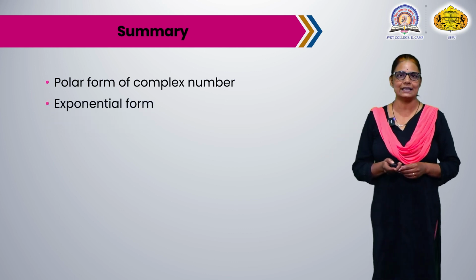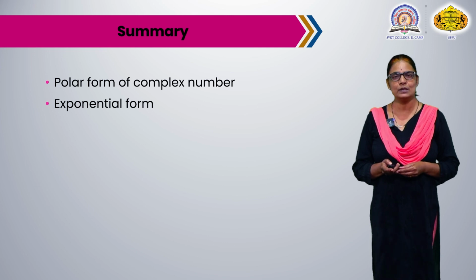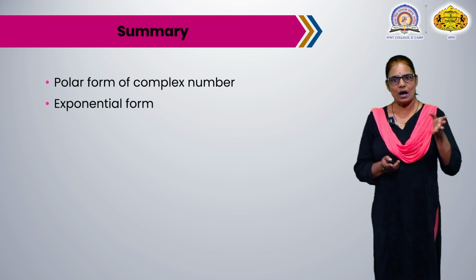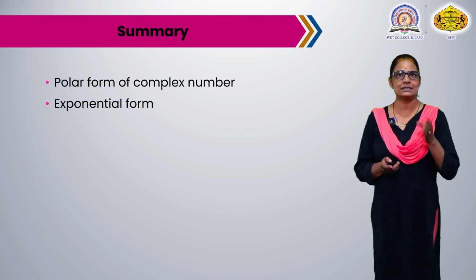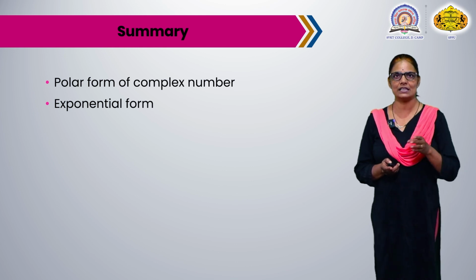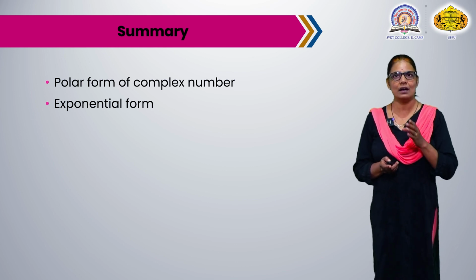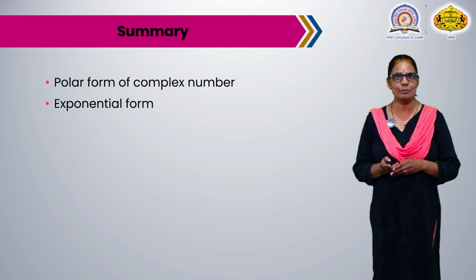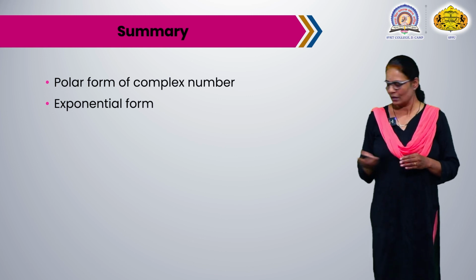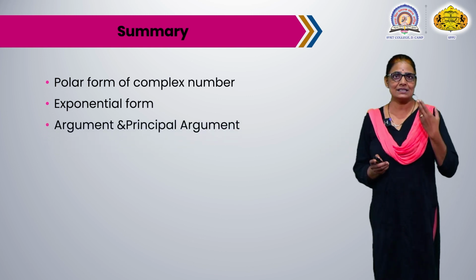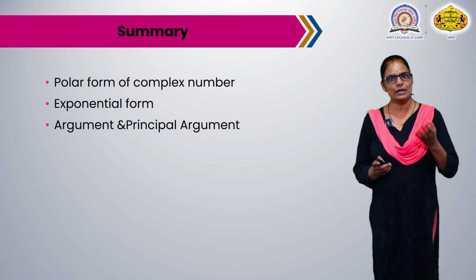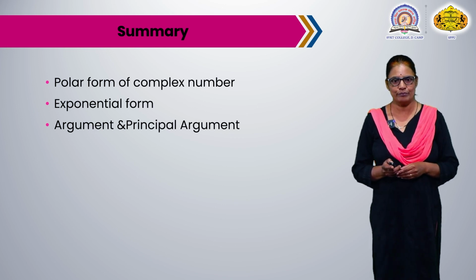We also studied the exponential form. If you know r and theta, then z can be written as r times e raised to i theta, or r times exp(i theta).